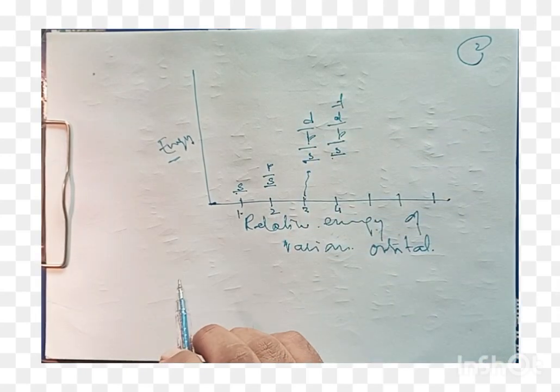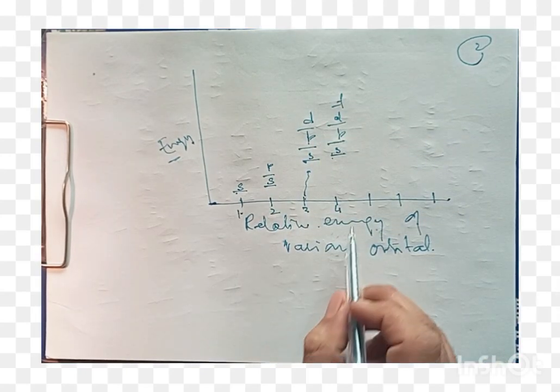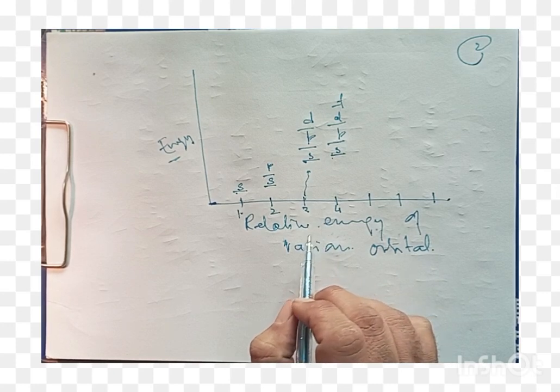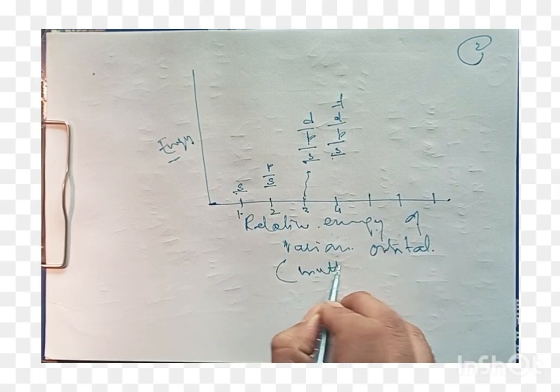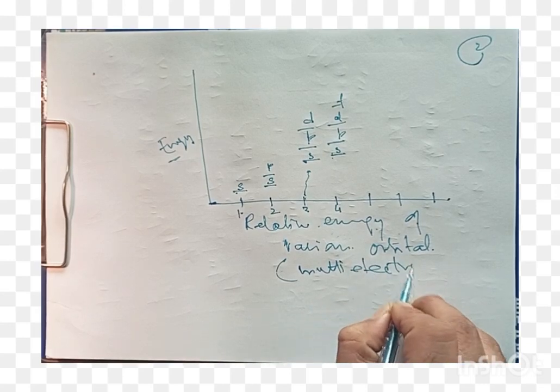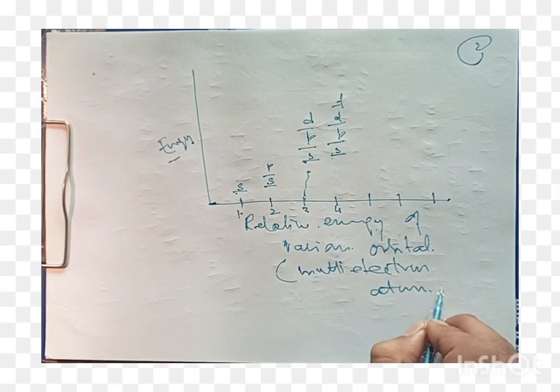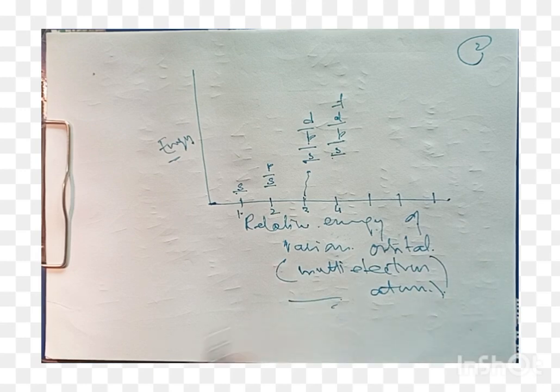This is how it will go on as we move with the relative energy of various orbitals in these multi-electron atoms. These atoms have more electrons than the hydrogen atom.